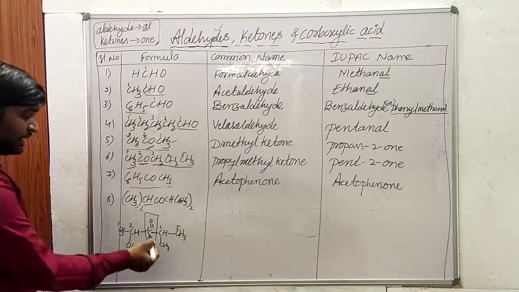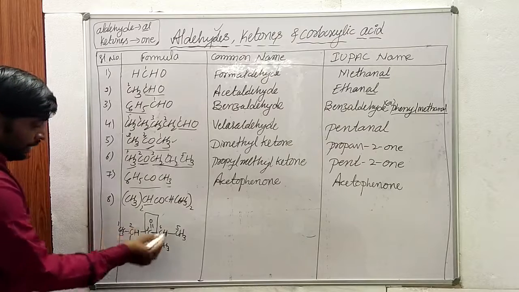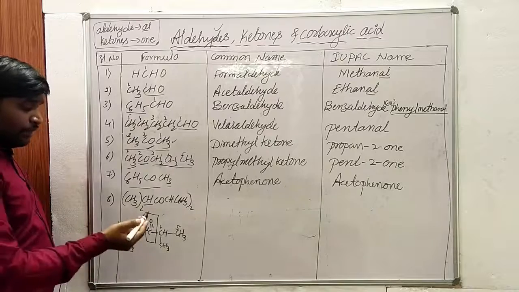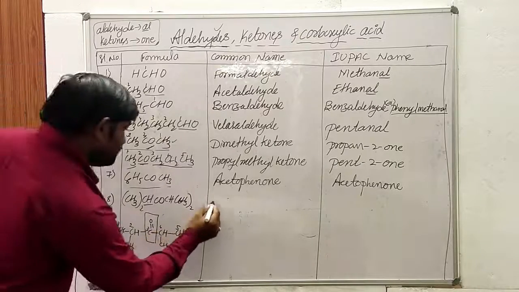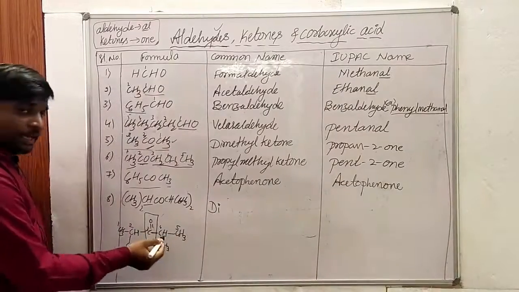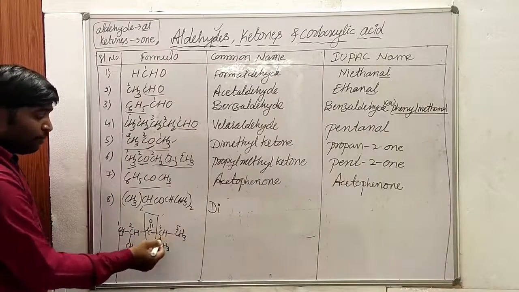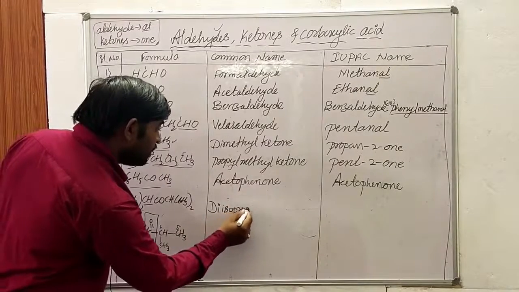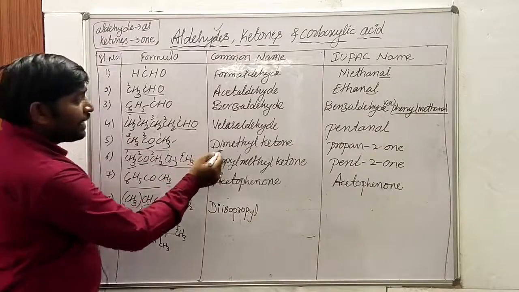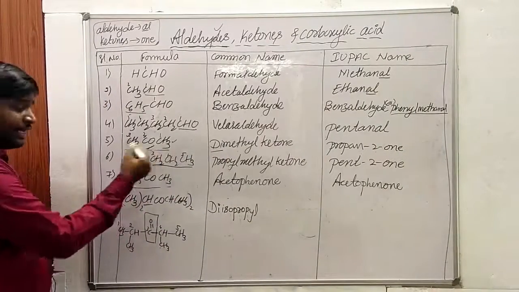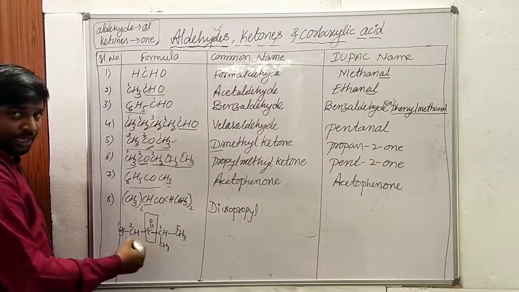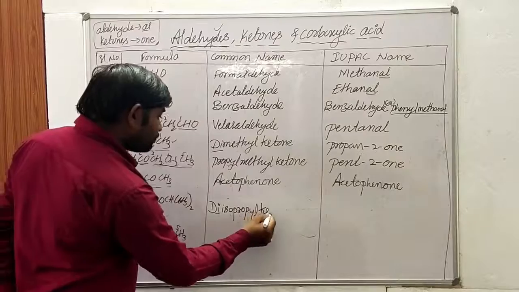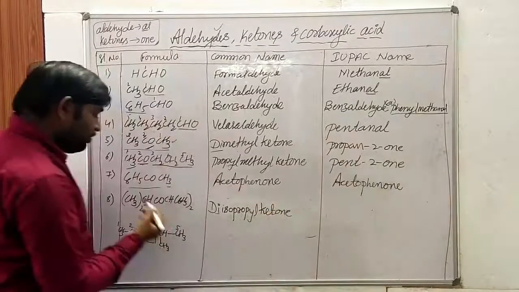That's why we use the prefix di, meaning two. Diisopropyl, just as we used dimethyl because both sides are methyl groups. Here both sides are isopropyl, so two are there. That's why diisopropyl ketone is the name of this ketone.